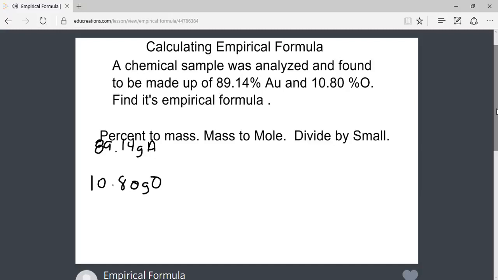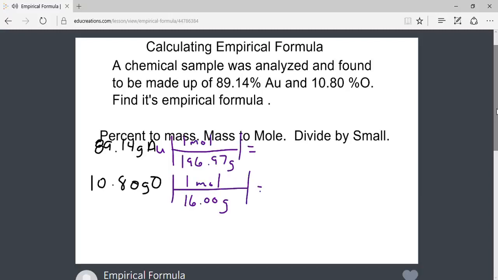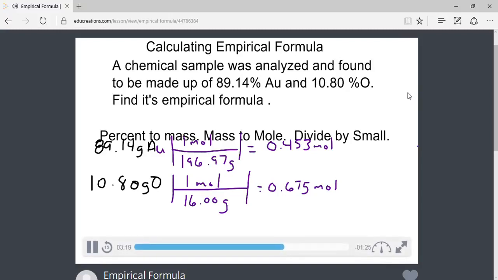Next, we implement the mass to mole step. In this case, we'll have to look up the molar masses for the elements gold and oxygen. This will create two mole amounts, a mole amount for gold and a mole amount for oxygen. Once we have the two mole amounts, we then divide by the smallest of those. In this case, 0.453.